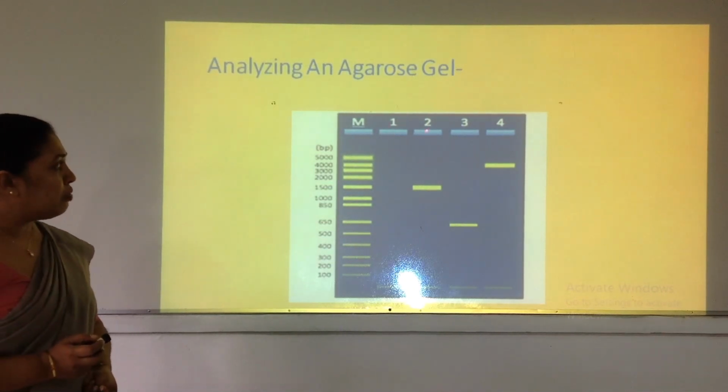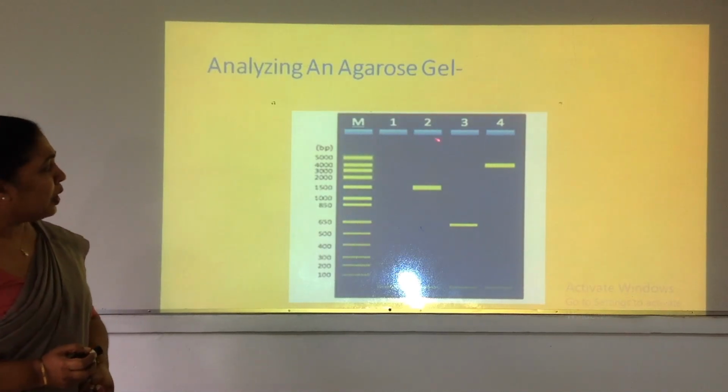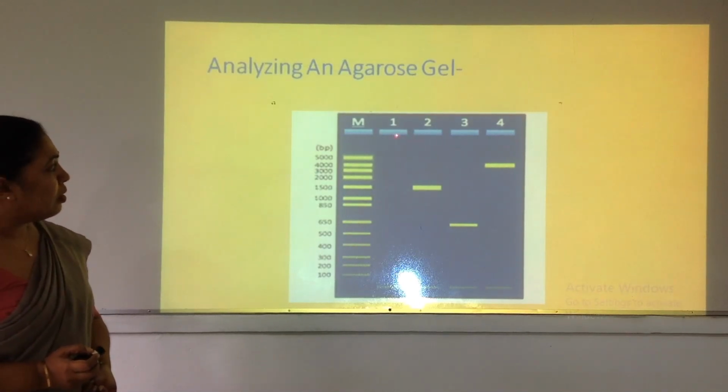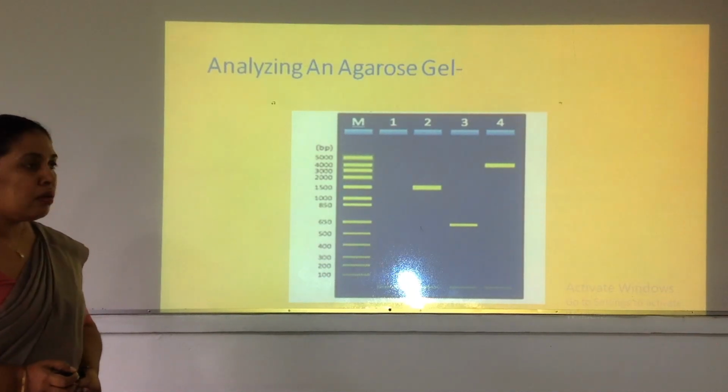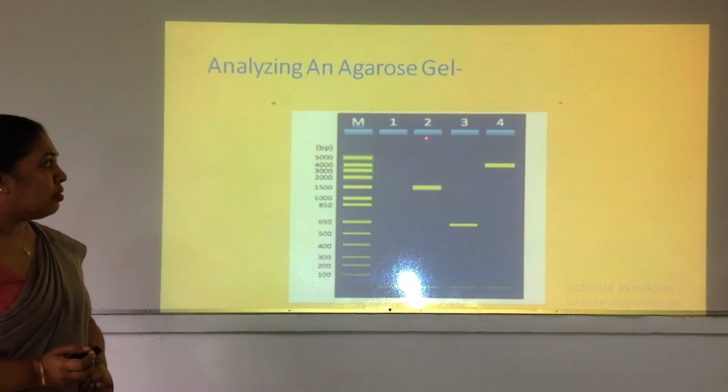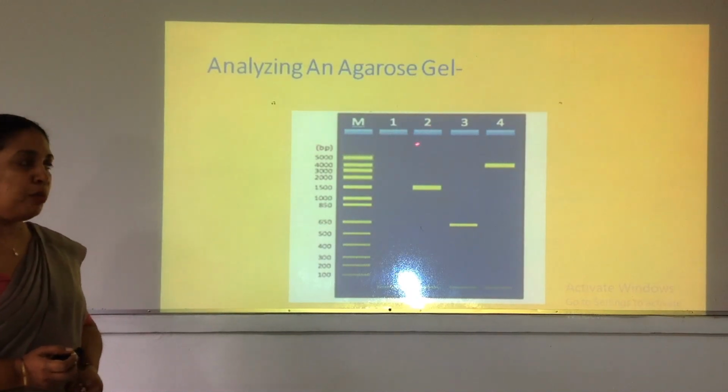These are our samples, 1, 2, 3, 4. And you can see in lane number 1 there is no sample, and it is used as a control, usually without DNA, to see whether there are impurities.